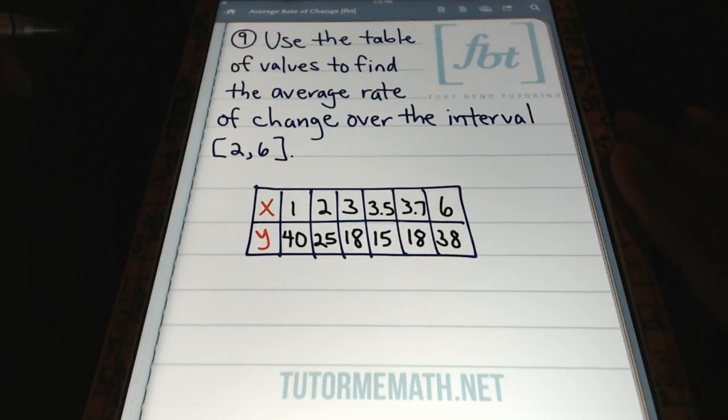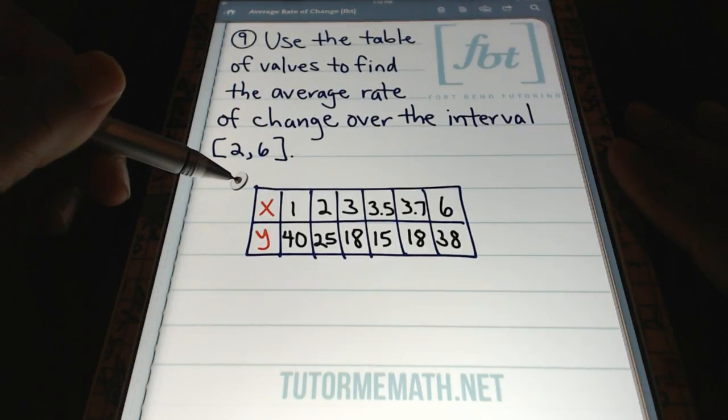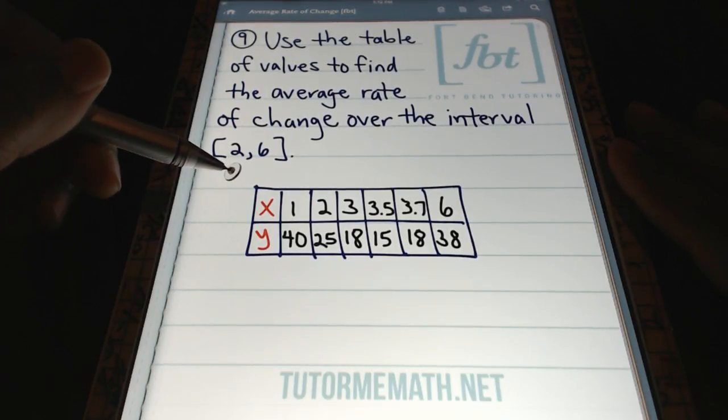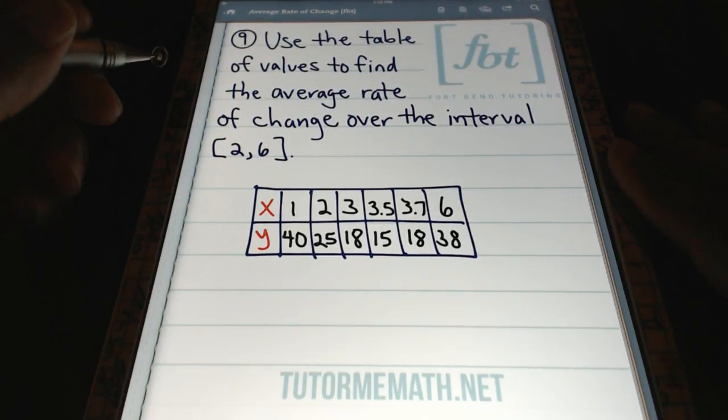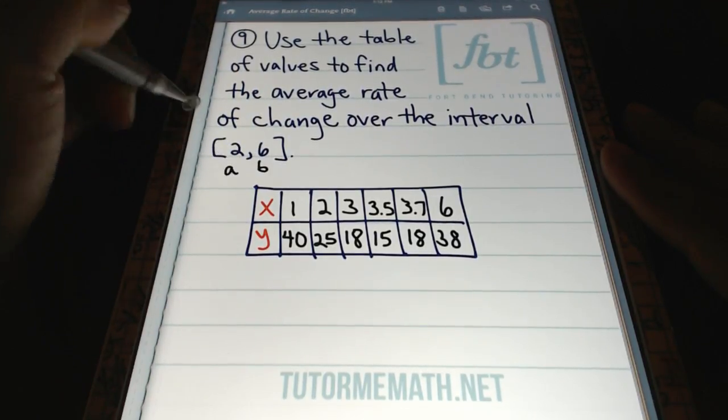So problem number 9, guys. In this case, we actually have a table instead of the traditional equation that they give us. They've given us the function in the form of a table. And that does not mean that we can't still find out the average rate of change without the equation itself. So instead, we need to pay attention to the fact that our b value in this problem is 6, whereas your a value is 2.